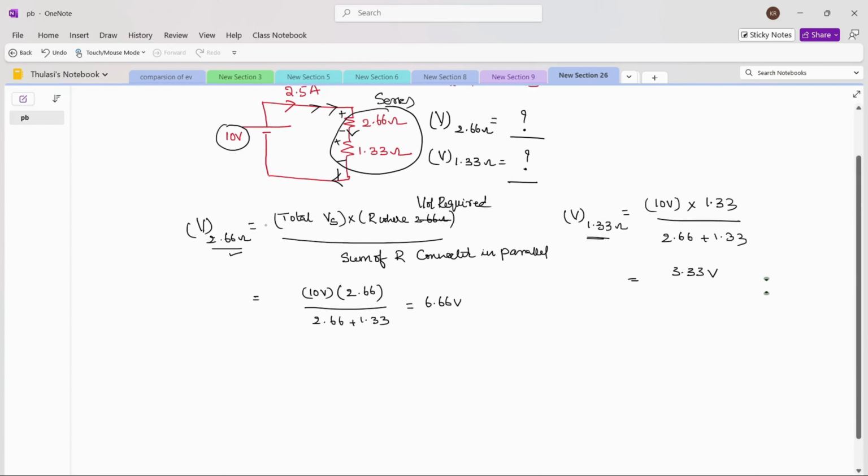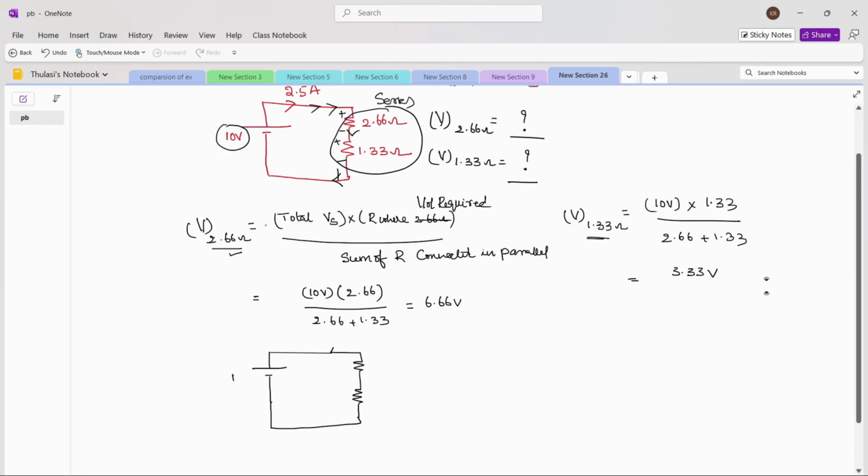So now it's very clear how we obtain the values. So this is nothing but a battery, and this is going to develop some drop. This is the first resistor, this is the second resistor.